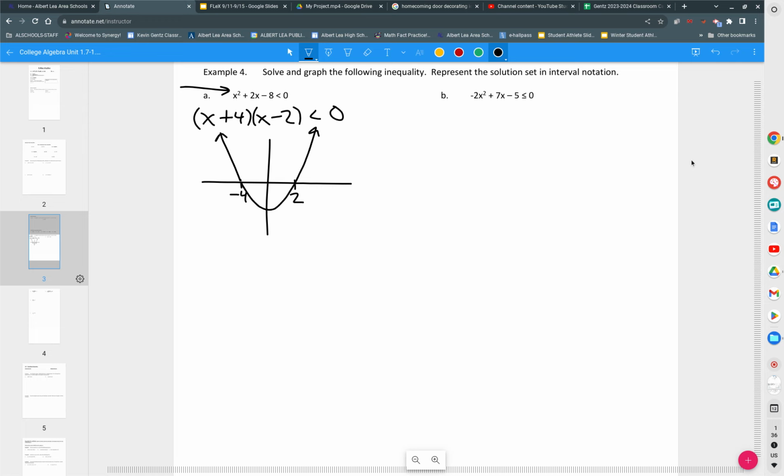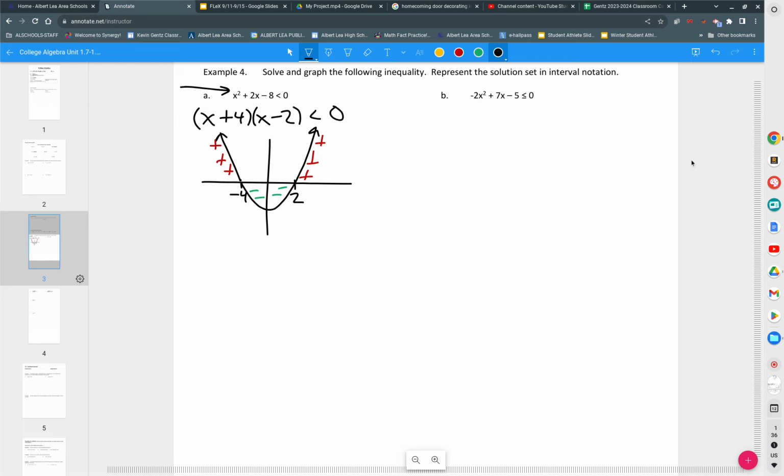And the language that we use in mathematics is we say if the parabola is above the x-axis, it is positive. And if it's below the x-axis, we say that it is negative. So notice what we have here. Positive when it's above, negative when it's below. So this tells me how I should construct my answer.